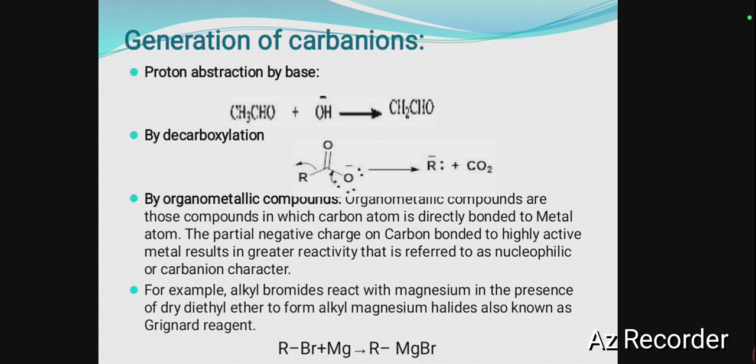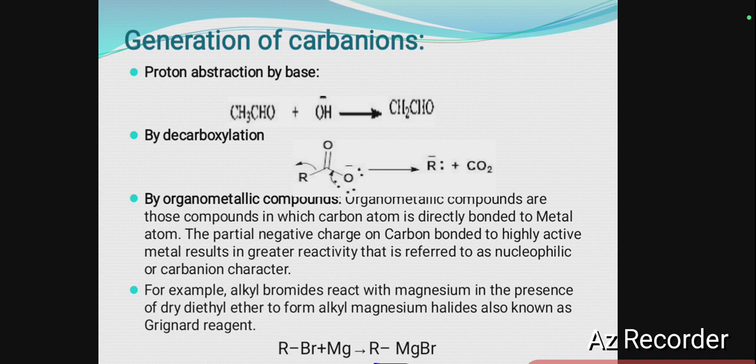For example, when alkyl bromides react with magnesium in the presence of dry ethyl ether, alkyl magnesium bromides, or alkyl magnesium halides, are formed. This is called the Grignard reagent.